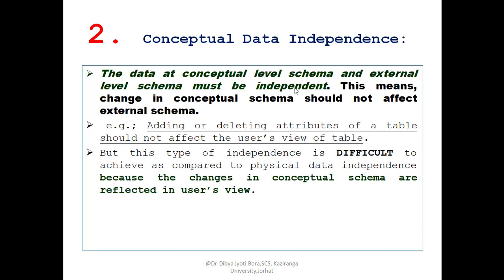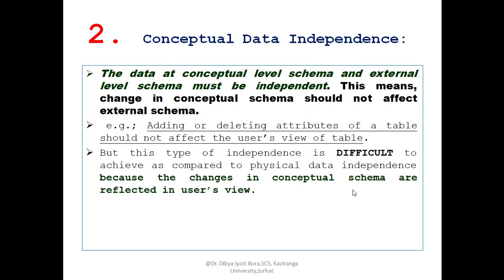Clear? But this type of independence, conceptual data independence, is very difficult to achieve compared to physical data independence. Why? Because if you perform some changes to the conceptual schema, then they will be reflected in the user's view also. Then how will you maintain this in such a way that it does not affect the views for the external users in a bad way?